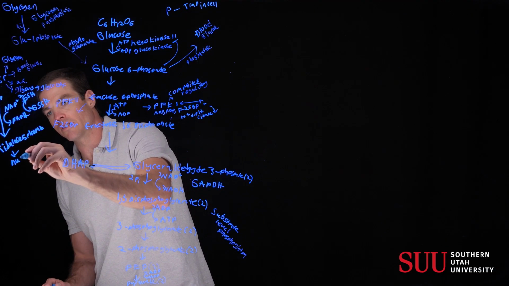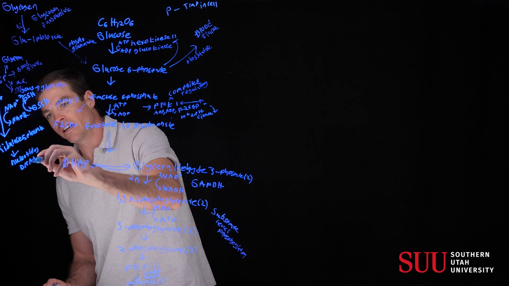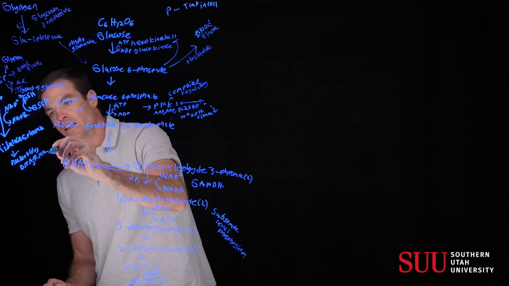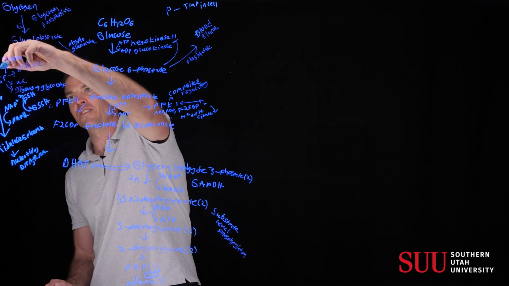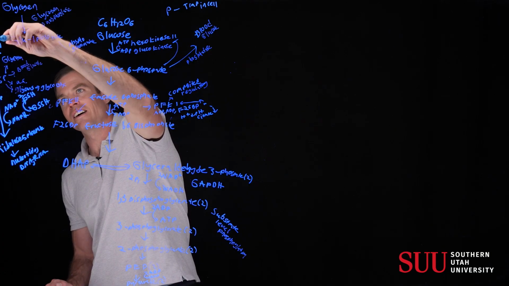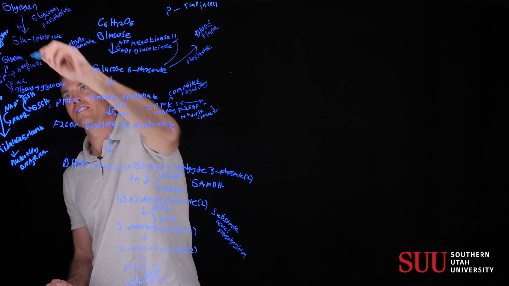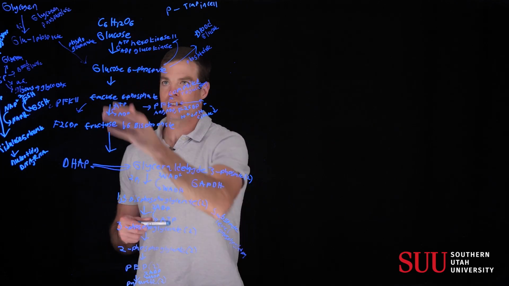And then of course you can continue and make your nucleotides, such as your DNA, RNA, and so on. And then of course the most important one is glycolysis, which is what we have right here.